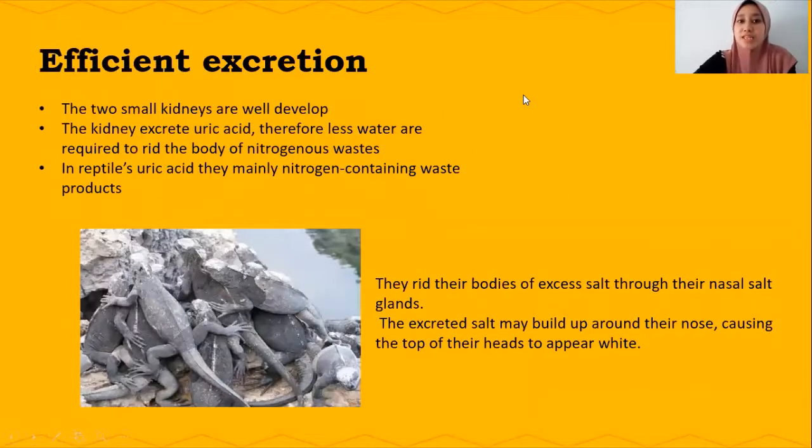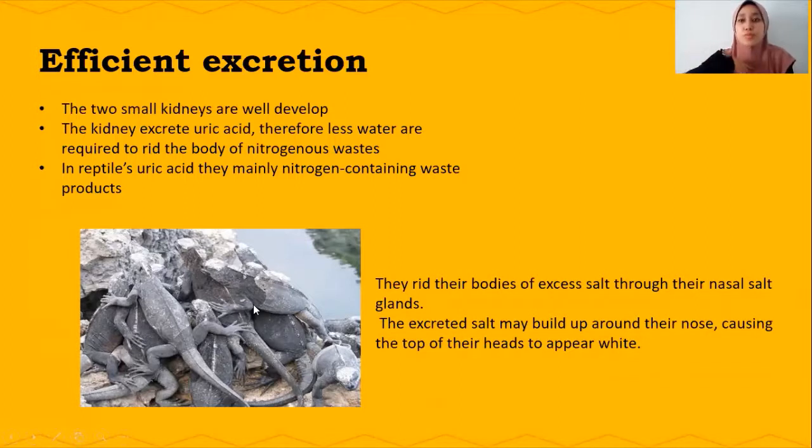Next, efficient excretion. The excretion is mainly done by 2 small kidneys that are well developed. The kidneys excrete uric acid, therefore, less water is required to rid the body of nitrogenous waste. In reptiles, uric acid is the main nitrogen-containing waste product.